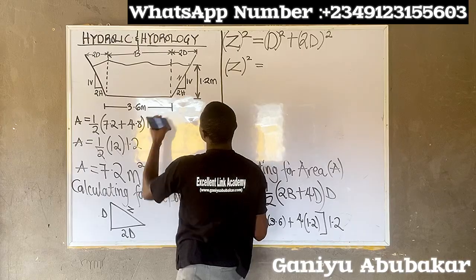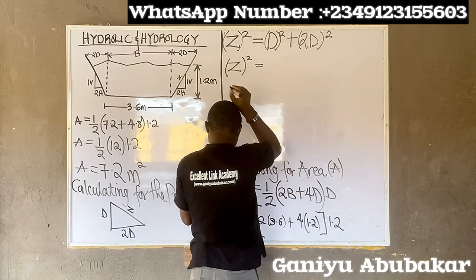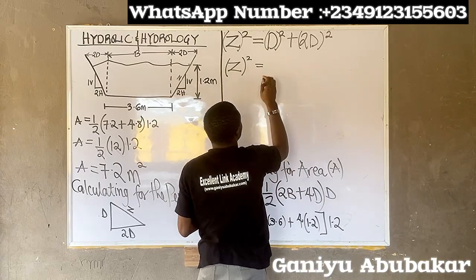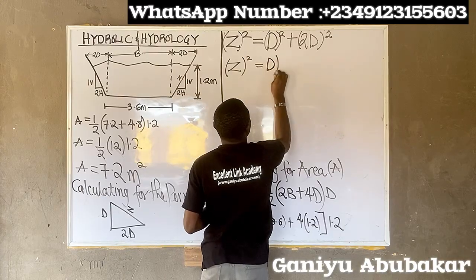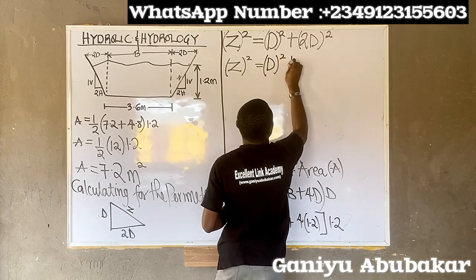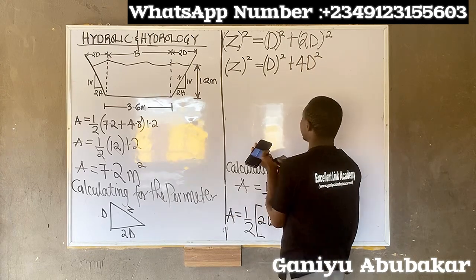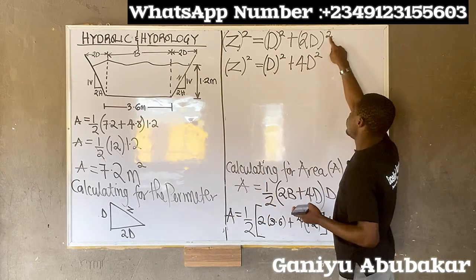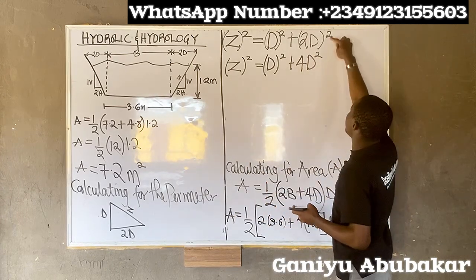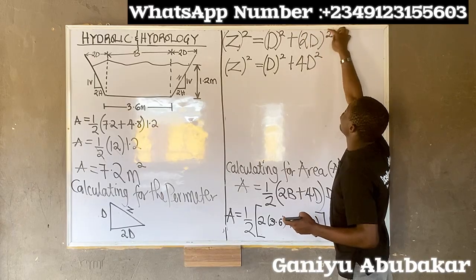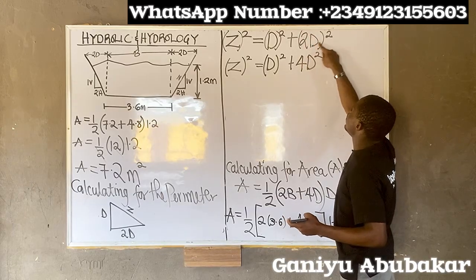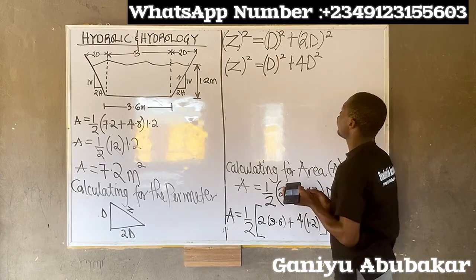Of course, D is the depth, 1.2. I still have my D square remaining, plus this one gives you 4D square. If I apply indices, the power here will affect the 2. 2 to power 2 gives you 4. D to power 2 gives you D square.